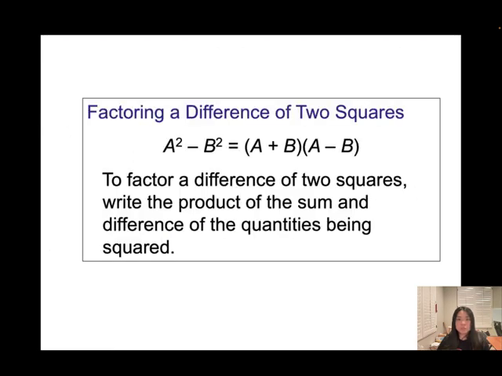Okay, another formula you guys need to remember. This is called factoring a difference of two squares. A squared minus b squared equal to a plus b times a minus b. When you have a binomial, only two terms, and you want to do the factoring, think about this formula.